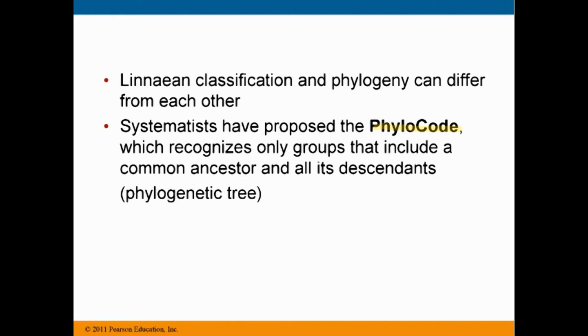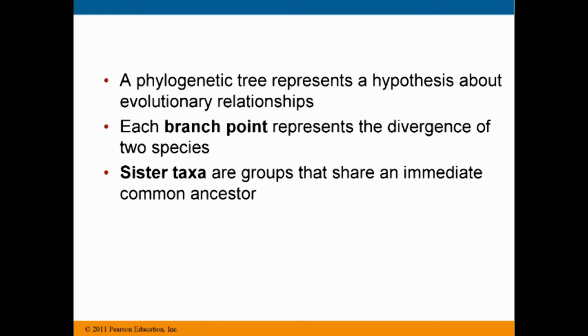And this recognizes only groups that contain a common ancestor and all of its descendants. And I put down here in parentheses, this is a phylogenetic tree. Now, there are different ways to make trees, but any time you have that common ancestor and all of the descendants, you're looking at a phylogenetic tree of some sort.